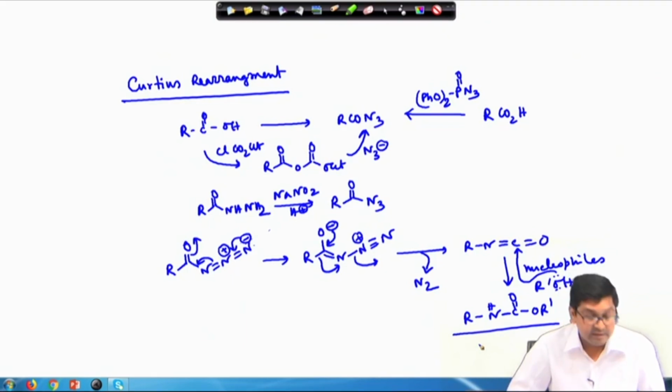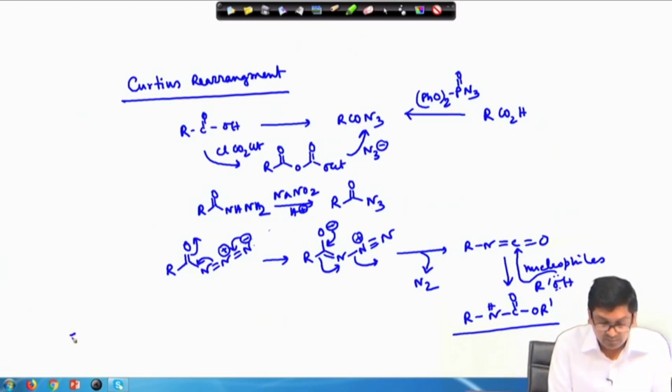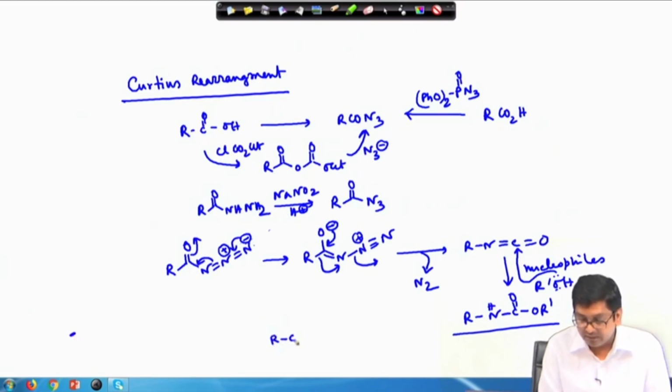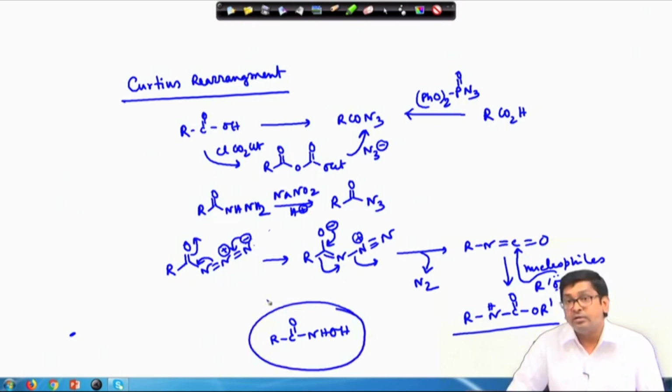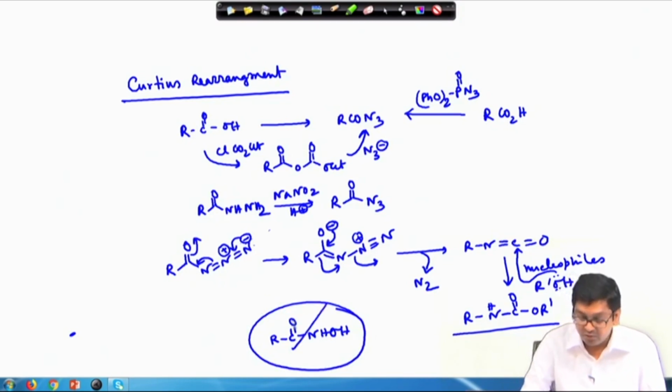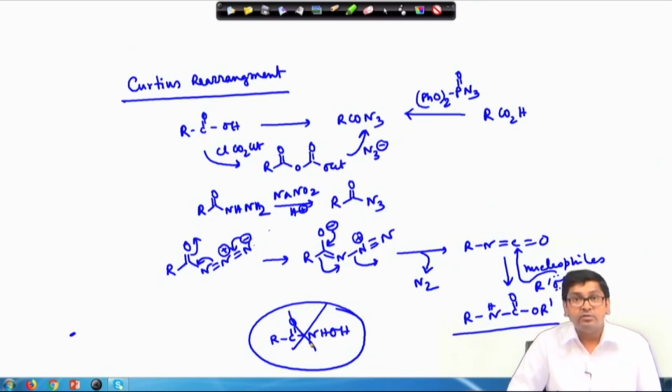Number two, if the reaction was carried out in presence of water, then there is no formation of this RCONH-OH. This proves also that the reaction is not forming the discrete nitrene species. So, this has not formed. So, this way you can prove that this 1,2 migration is happening through a concerted manner.